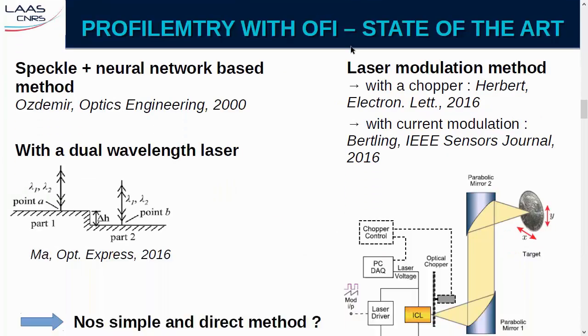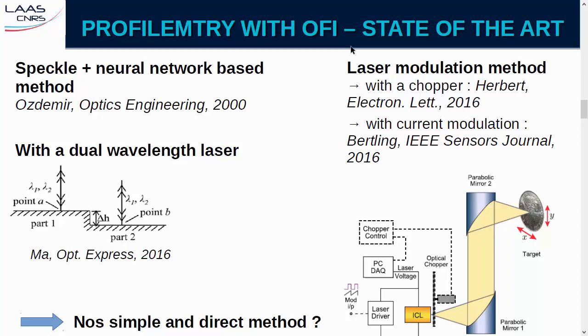So now let's go to profilometry. It's not the first time that profilometry has been tried with optical feedback interferometry. The first work was done by Özdemir in 2000, and it mostly used statistical analysis of the speckle effects, with neural network and deep learning methods to work on these speckle signals.